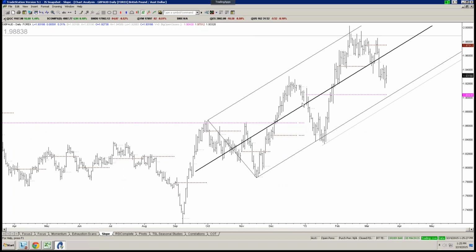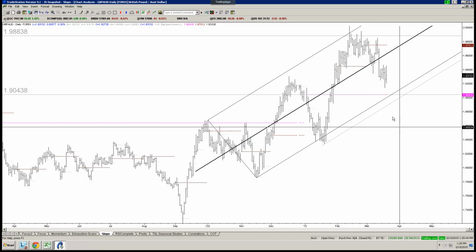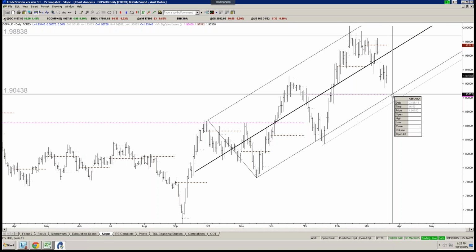Well, this year we started off on a bullish note, broke higher, again, into the upper parallel. And guess what? We've got the lower parallel and the year open, which coincide basically next week.